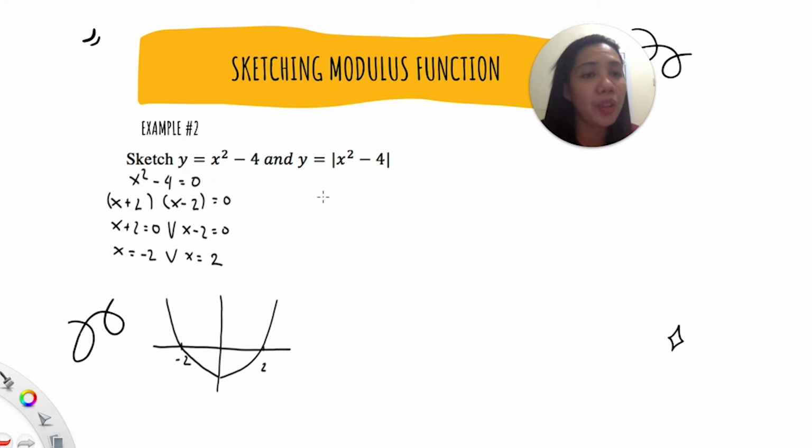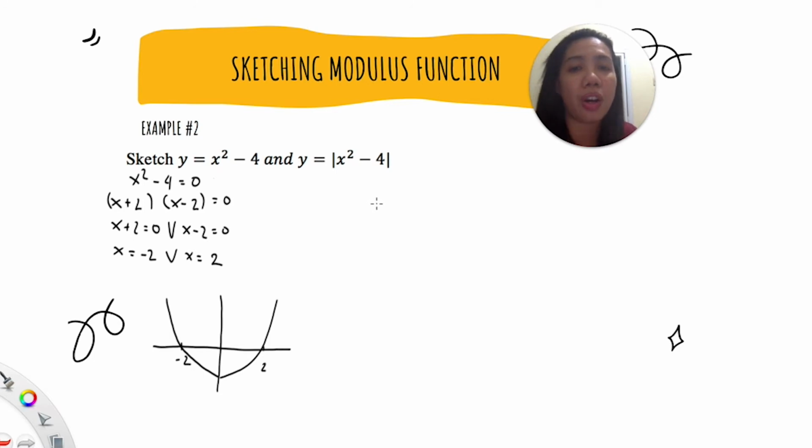And then what if we put the absolute value here? Remember that if we put the absolute value here, it means this function won't have negative values of y, because all these y are in absolute value. First, we need to find the vertex of the absolute value graph like we have done before.